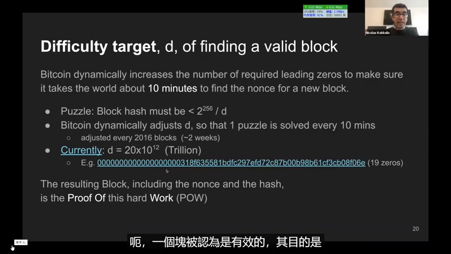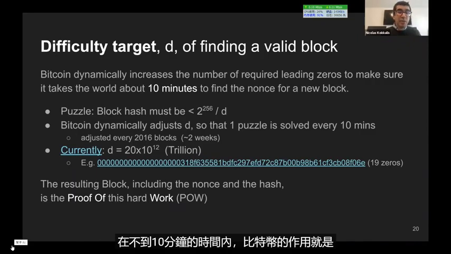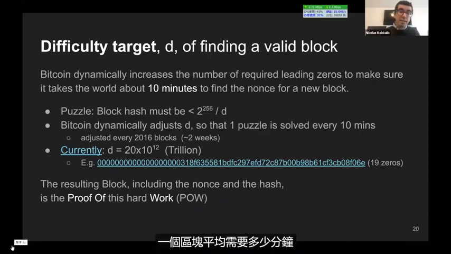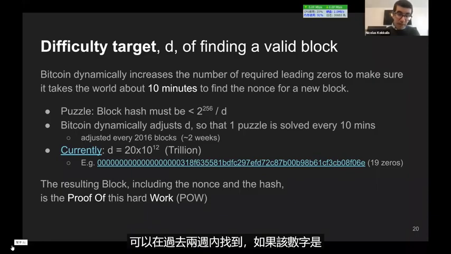The purpose of this is that if people's hashing rate increases, miners would normally be able to find the next block randomly in less than 10 minutes. So what Bitcoin does, every 2016 blocks, which is roughly every 2 weeks, is compute how many minutes it took on average for a block to be found in the past 2 weeks.